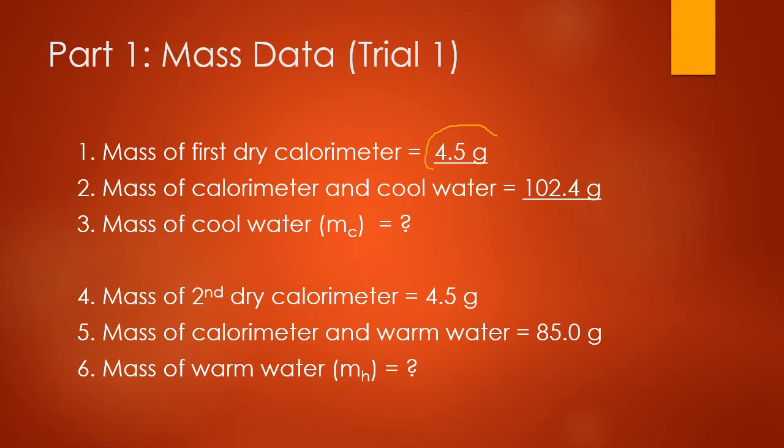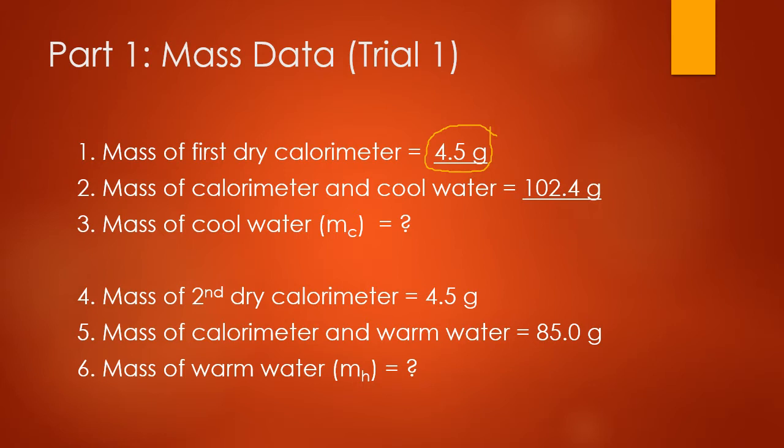So when I say mass of first dry calorimeter, 4.5 grams, that is the mass of our first styrofoam cup. We then add some cool water to that styrofoam cup and mass it again. The mass of the calorimeter and the cool water at 102.4 grams is the cup with the water in it.